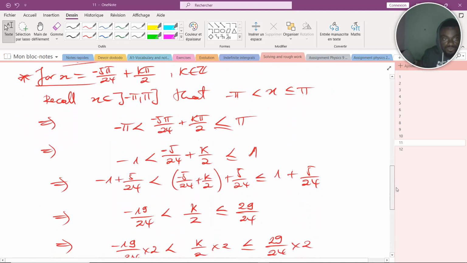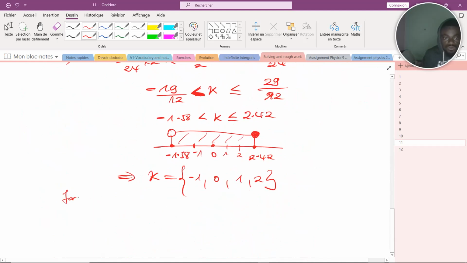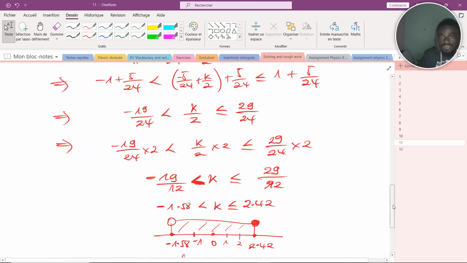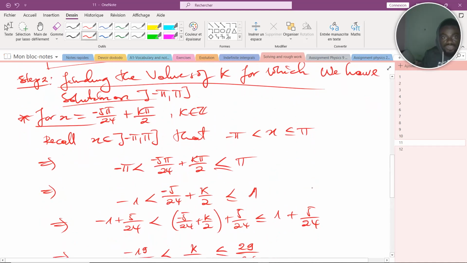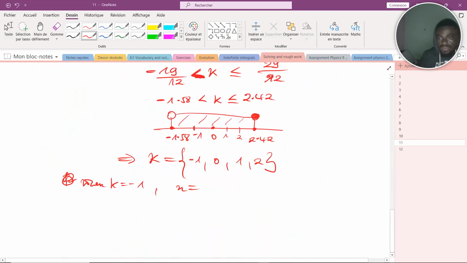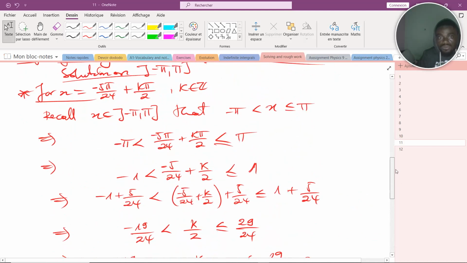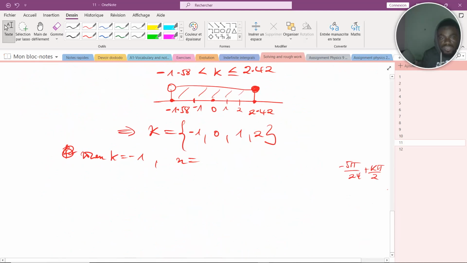Now, when k equals minus 1, what is x? Remember that our x was this. Let me write it back here: minus 5 pi on 24 plus k pi on 2. When k equals minus 1, we have minus 5 pi on 24 minus pi on 2.